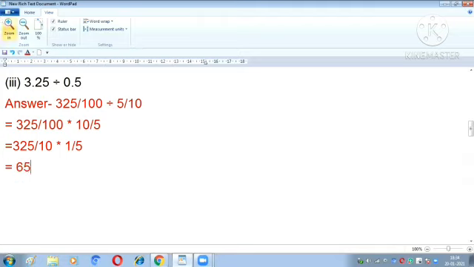So 65 upon 10, and here is only 1 upon 1. So as we all know that 1 does not have any value, so no need of writing 1. So simply you can see that our answer is 6.5. Okay, so 6.5 is the answer of third bit.